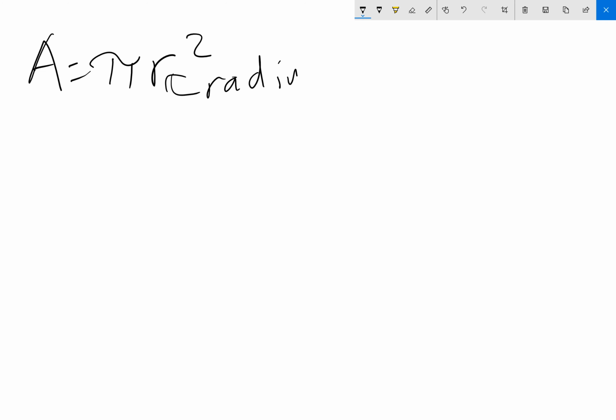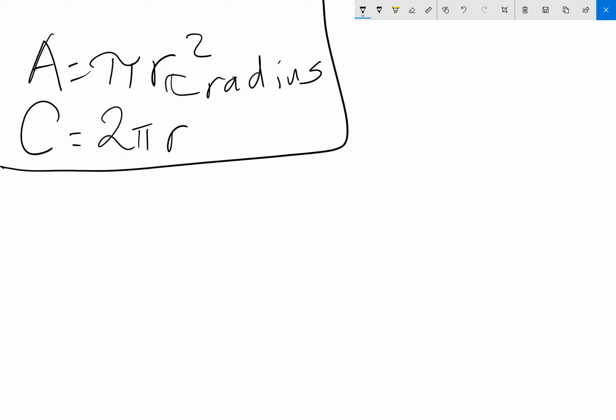So we have the area of a circle determined by A equals pi r squared, where r is the radius. And then we have C, the circumference, which is 2 pi r. The first one is to define a function f.